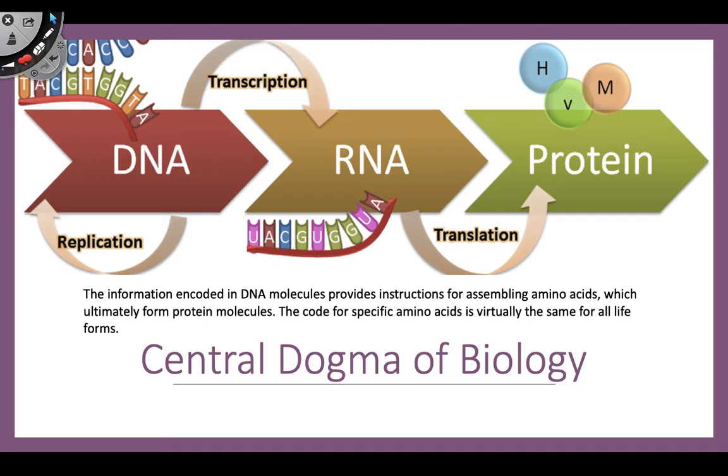And we know that DNA provides all of the instructions for assembling the amino acids, which in turn form these proteins. And something interesting to keep in mind is that the code for specific amino acids, the building blocks that build up proteins, is virtually the same for all life forms, which talks about our evolutionary history a little bit.